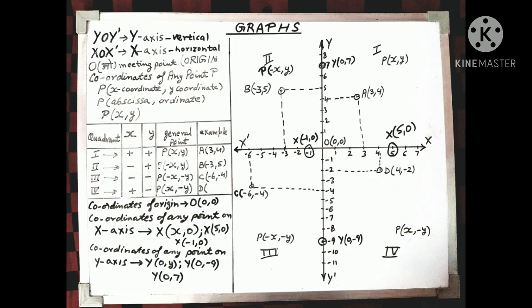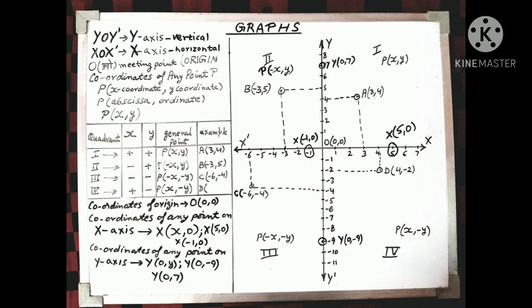Now in this system, if we have to write any point, we write it like P(x, y), that is, P, x coordinate and comma y coordinate. The x coordinate is known as abscissa, the y coordinate is known as ordinate, right?